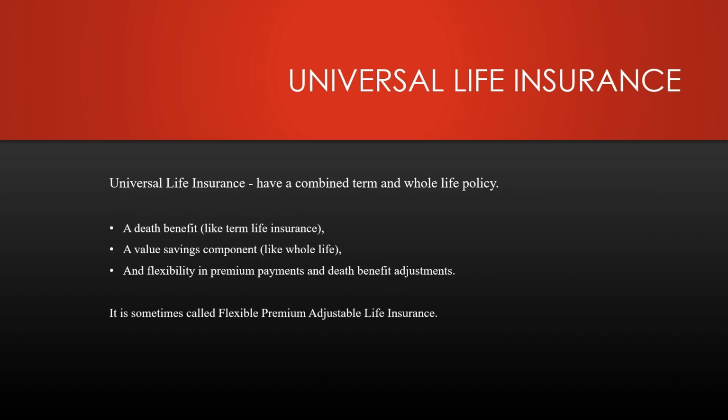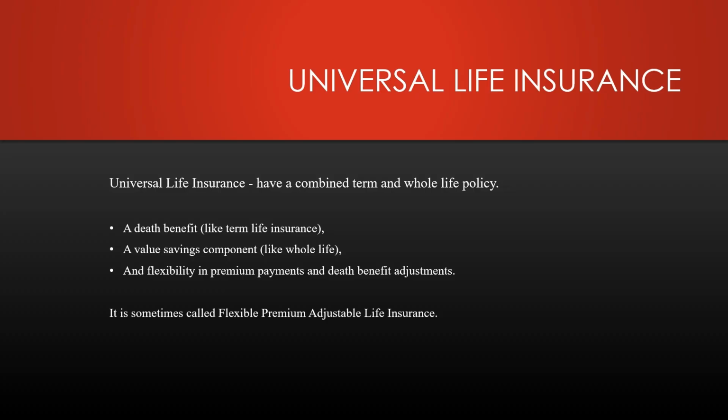Universal life insurance is kind of a combination of the term and the whole life insurance policy. They are more complex, and there's higher fees involved. They have a death benefit component like the term life insurance, so upon your death, there's a payment to beneficiaries.